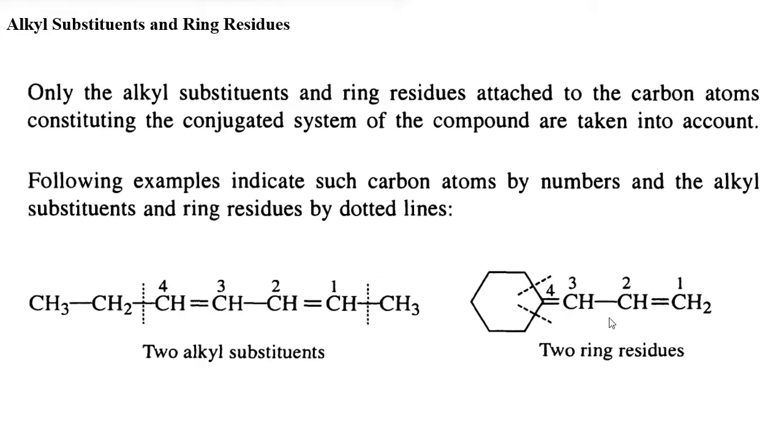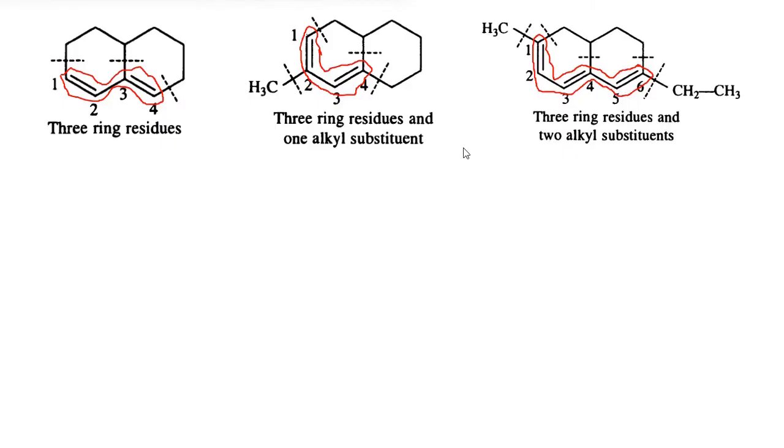In this other molecule, it is this ring that is connected to the conjugated system, and these two residues, ring residues, are connected to the conjugated system directly, and hence we can say this molecule contains two ring residues, right? From these examples you will see how to determine the ring residues and alkyl substituents in a molecule.